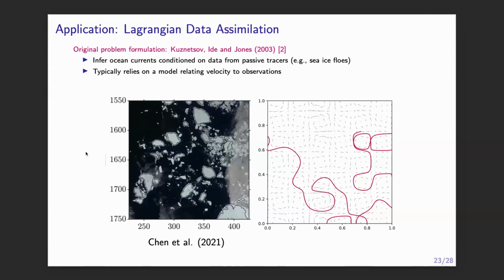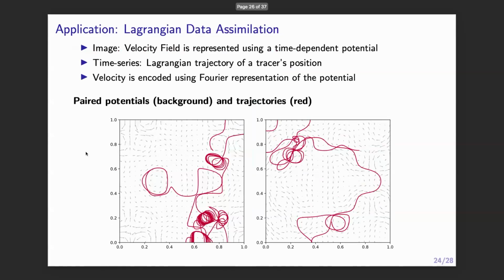But what we ask is, if we just have data of many ocean currents from the past and some trajectory data of buoys, could we learn a model that relates these two data sources? When I first saw this, I thought of ocean currents as like images, and these trajectories as like text prompts. And so we can learn a model that relates these two data modalities to each other given pairs of samples.